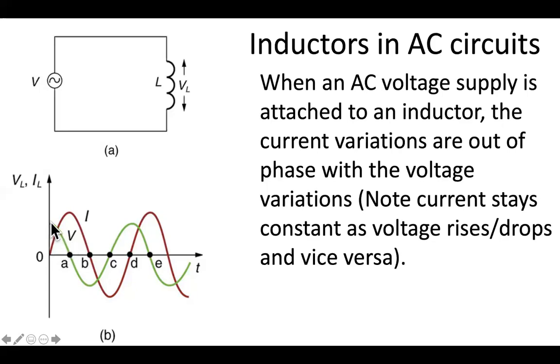when the voltage starts to switch from positive to negative, which would normally cause a change in current, the current actually remains kind of constant. So at that time, the current isn't changing, but the voltage is. Now, as the voltage continues to change, eventually the current does change, but it's out of step.